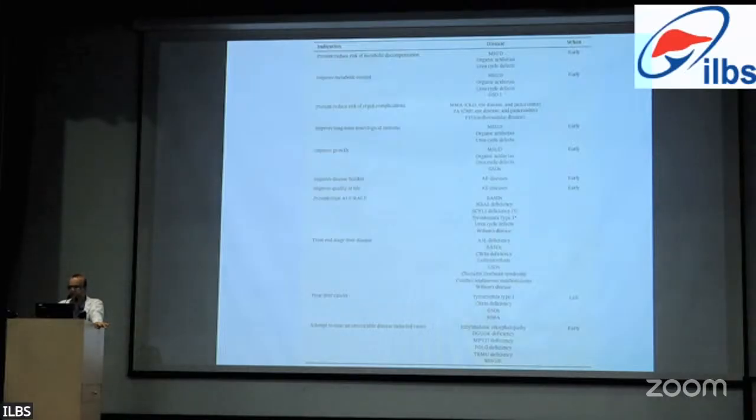To summarize, most of the cases warrant early liver transplant so that the neurological complications can be prevented. Only when the diagnosis is late or there is development of HCC, late liver transplantation can be considered.